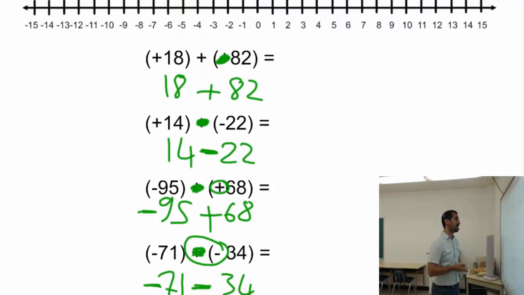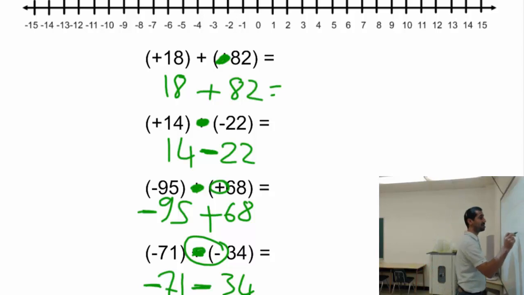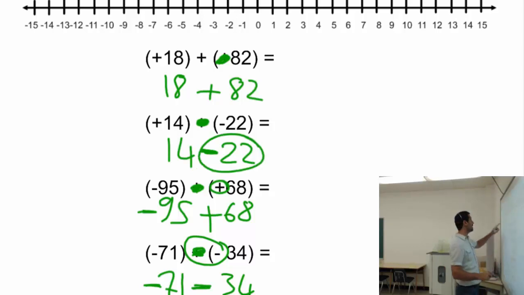So look at the question here. 18 plus 82. I don't see any negative sign indication here. So I know that the answer will be plus. Plus means I don't have to write that down. How about here? Which one is big? This is big.